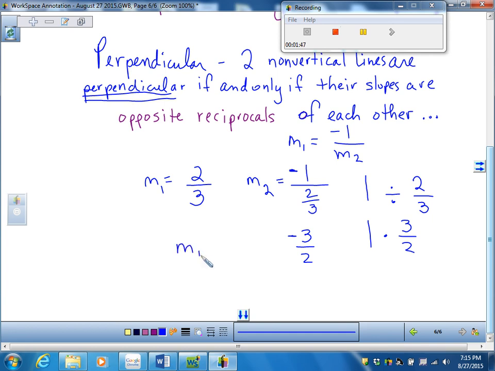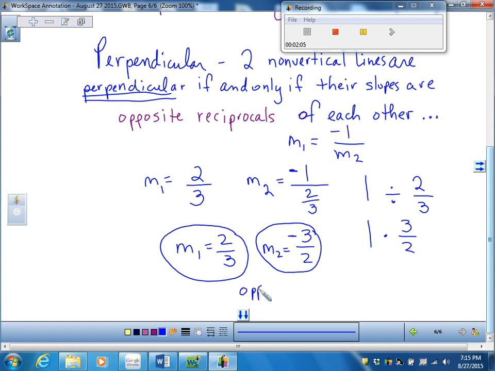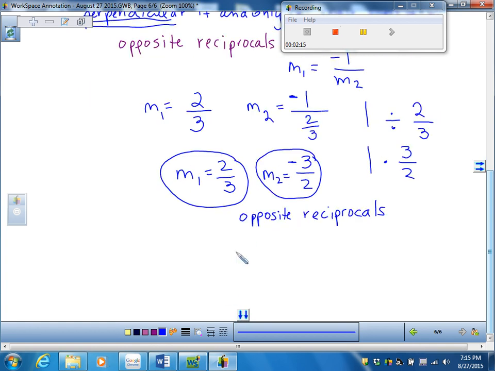So now when you look at these two slopes, m1, slope 1, is equal to 2/3, m2, slope 2, is equal to negative 3 over 2, and these two values are opposite reciprocals. So if I had two lines that had these two slopes, I would know that these two lines would be perpendicular lines.